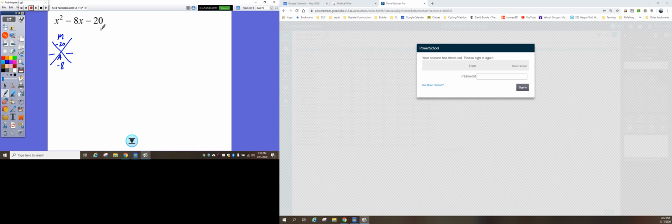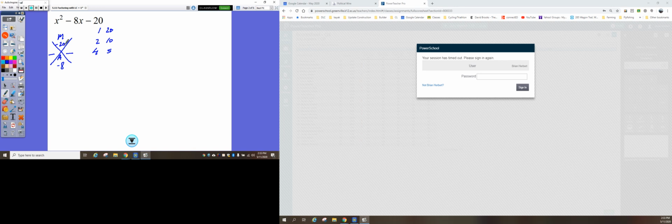Well, again, multiples of 20 are 1 and 20, 2 and 10, 4 and 5. Okay, those are the ones we're going to work with here. So which one is going to give me an 8 back? Well, 2 and 10 would, because when I look at this 2 and the 10, I know that I have an 8 if I add them.